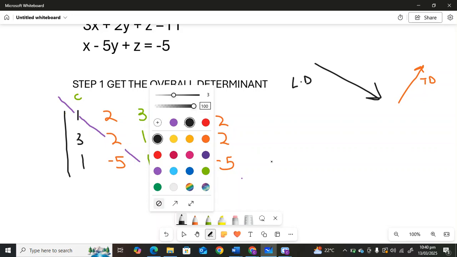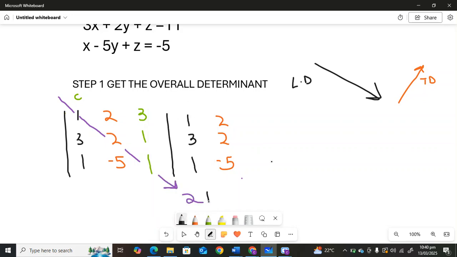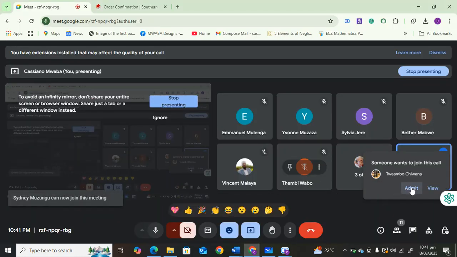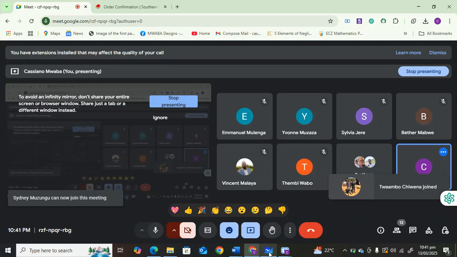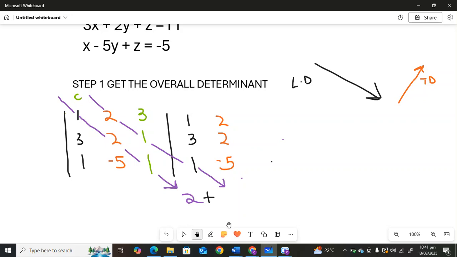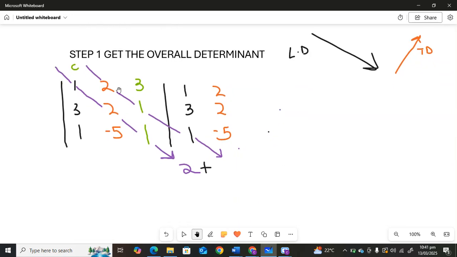Plus, we use our second leading diagonal: 2 times 1 times 1, we get 2.